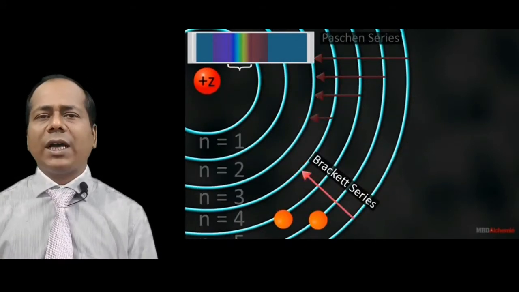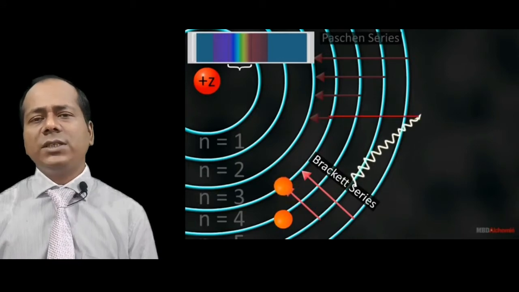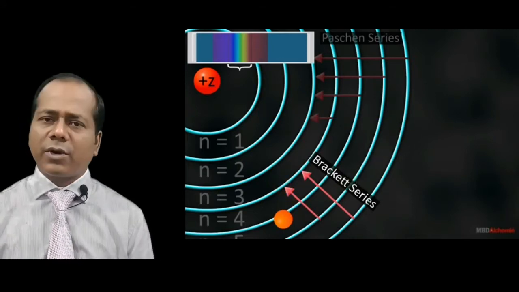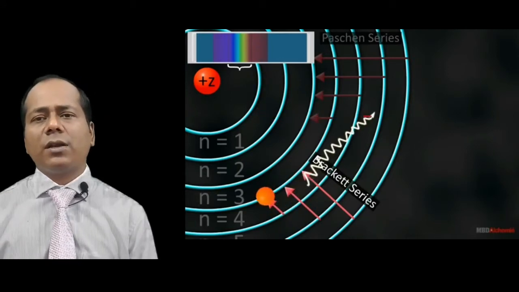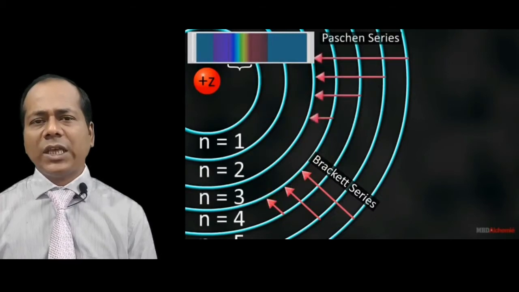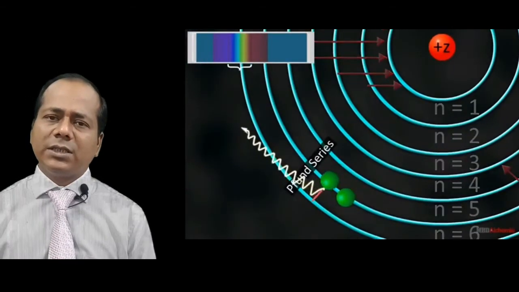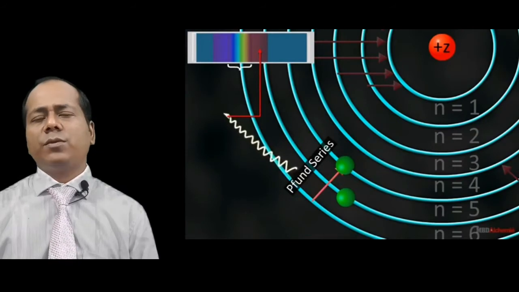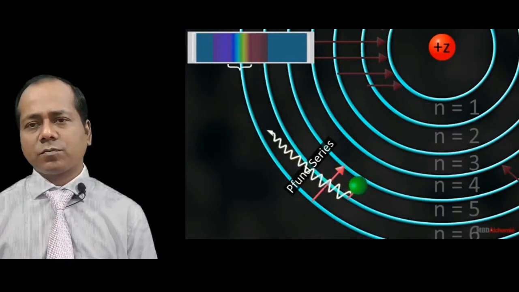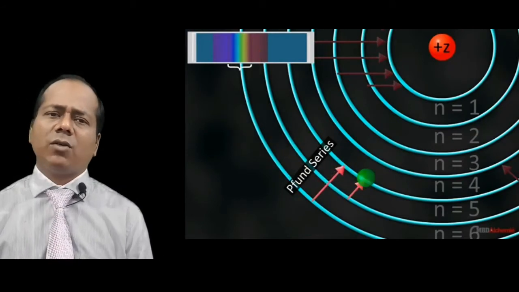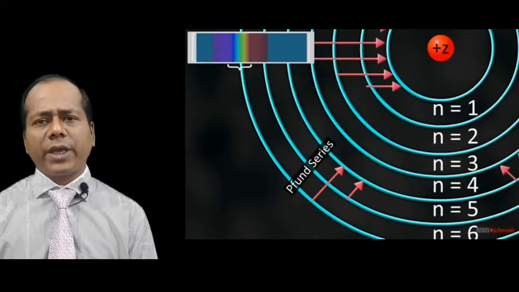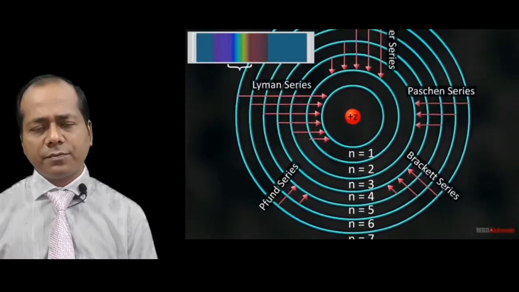The spectral lines obtained from this electron transition give rise to 4 line spectra. These are called Balmer series after the name of scientist Balmer. These lines are all in the visible region.